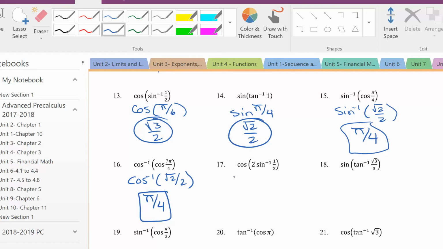All right, so now cosine of 2 sine inverse of 1/2, well, sine inverse of 1/2 is pi over 6. 2 times pi over 6 is pi over 3, and the cosine of pi over 3 is 1/2.